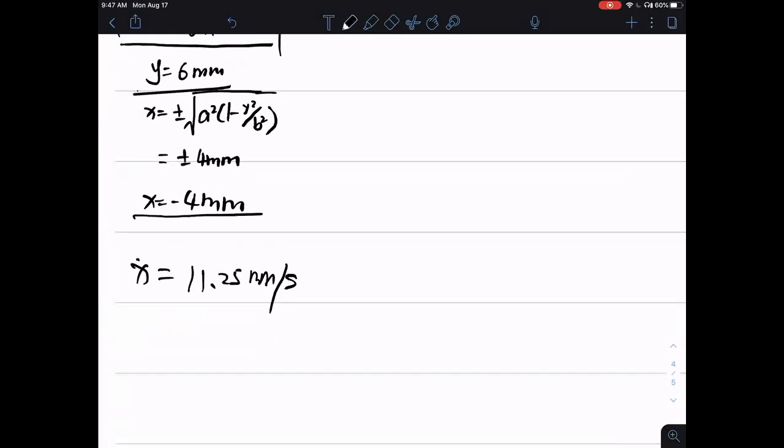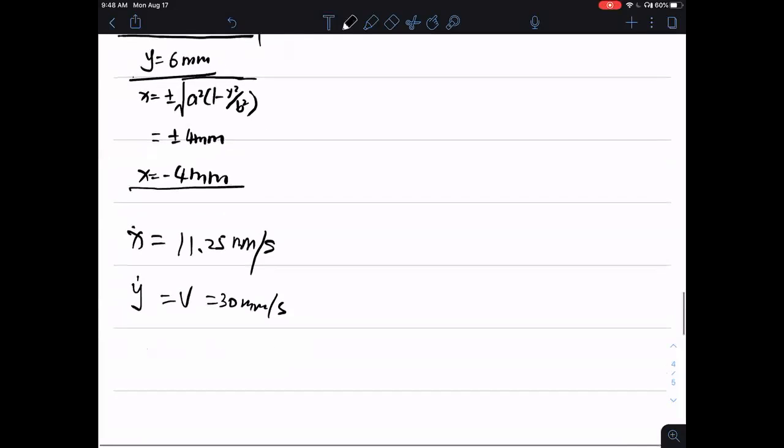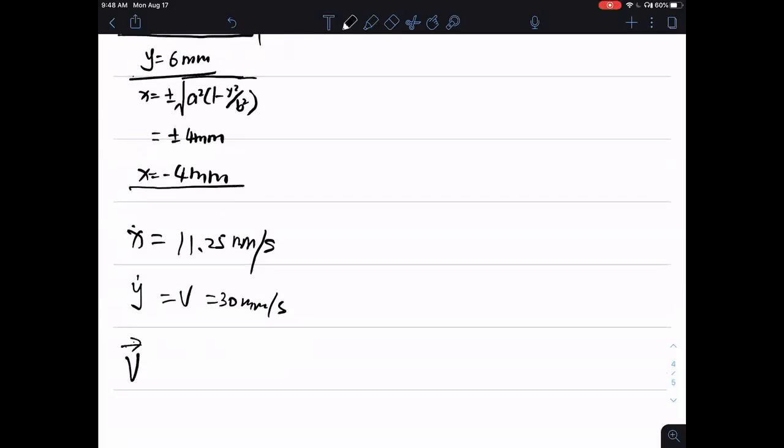Okay, so now we have x dot and y dot, which is v, which is 30 millimeters per second. We can plug both x dot and y dot into the equation to find out velocity, which is 11.25 i plus 30 j. And the unit is millimeters per second.